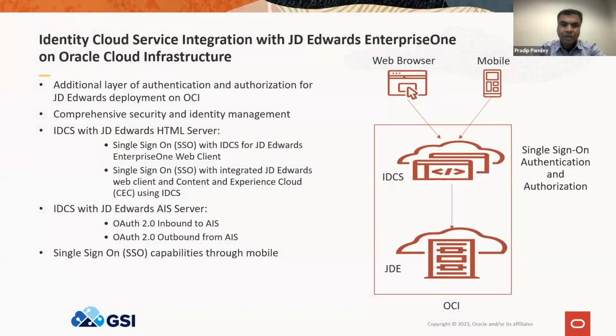Thank you, Bill. Welcome, everyone, to this session. Oracle JD Edwards has provided identity cloud service integration with EnterpriseOne in OCI. You basically have to set up your additional layer of authentication and authorization through IDCS, and then it provides comprehensive security and identity management, and it is available to integrate with the JD Edwards HTML server, where IDCS provides single sign-on capabilities for the web client.